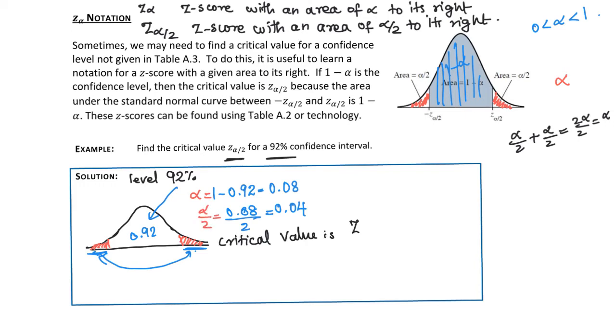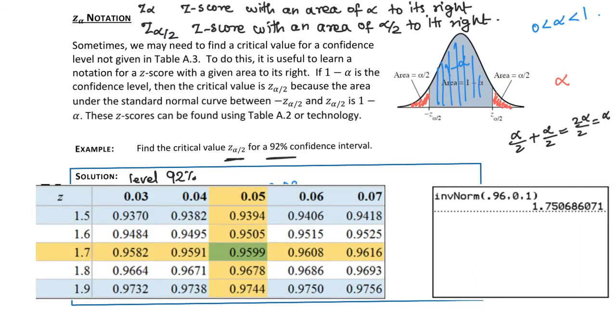So the critical value is z alpha divided by 2, or z 0.04. Since the area to the right side of z alpha over 2 is 0.04, the area to the left of that will be 1 minus 0.04, which is equal to 0.96. Now we will look at the body of the table A2 and find the value close to 0.96. That is 0.9599, which corresponds to the z-score 1.75.